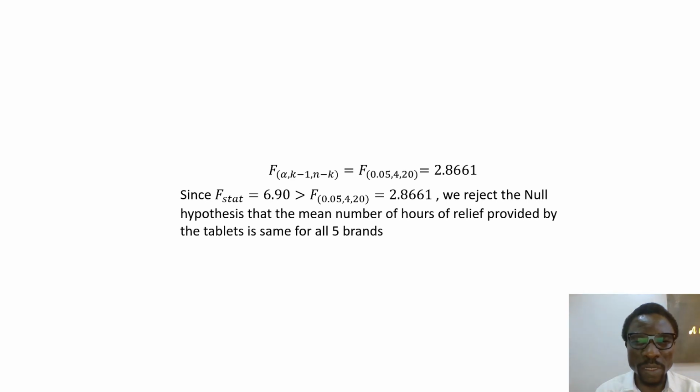From our table, we see that our F table of 0.05 at 4, 2 degrees of freedom respectively is 2.8661. Comparing that with our F ratio from the ANOVA table, we have that the F statistic 6.9 is greater than the F table 2.866.